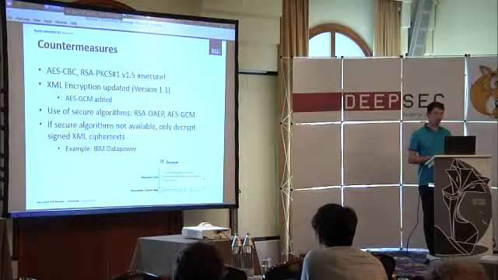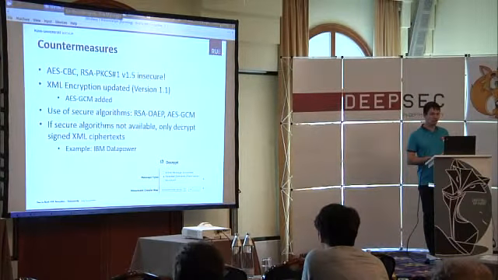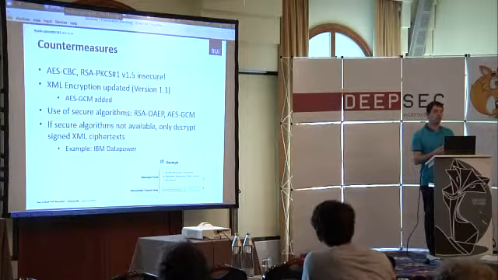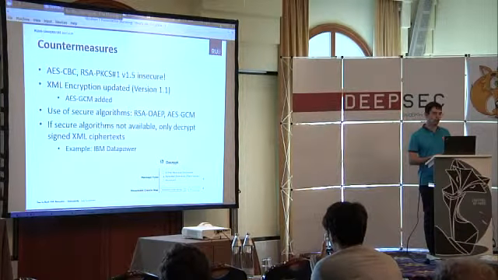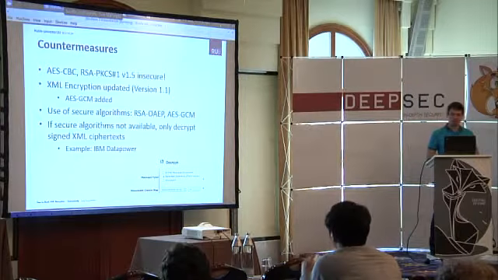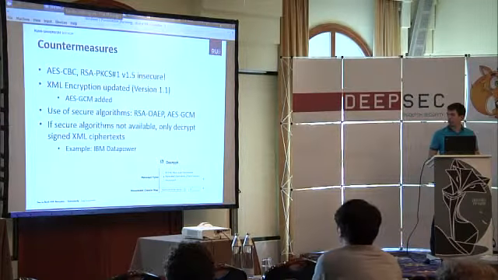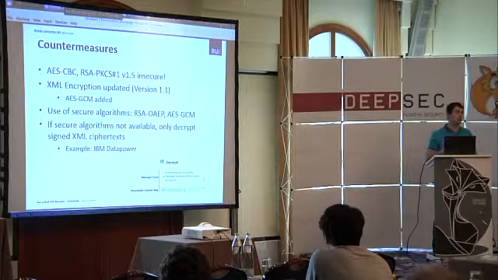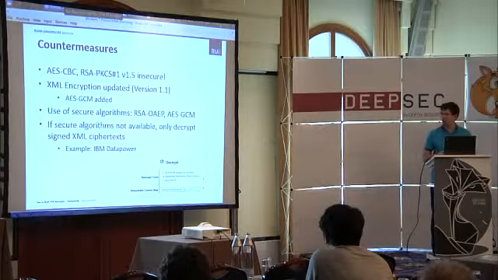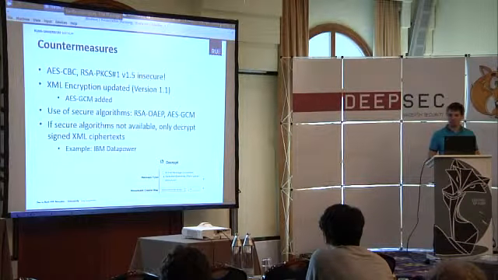If you have to use AES-CBC or RSA PKCS 1.5, ensure that you first validate the XML signature over the ciphertext, and that the attacker cannot modify the ciphertext to get an oracle. So, for example, in IBM DataPower, you can select specific elements which are going to be decrypted, then you can sign them, and every time ensure that only specific elements are encrypted.